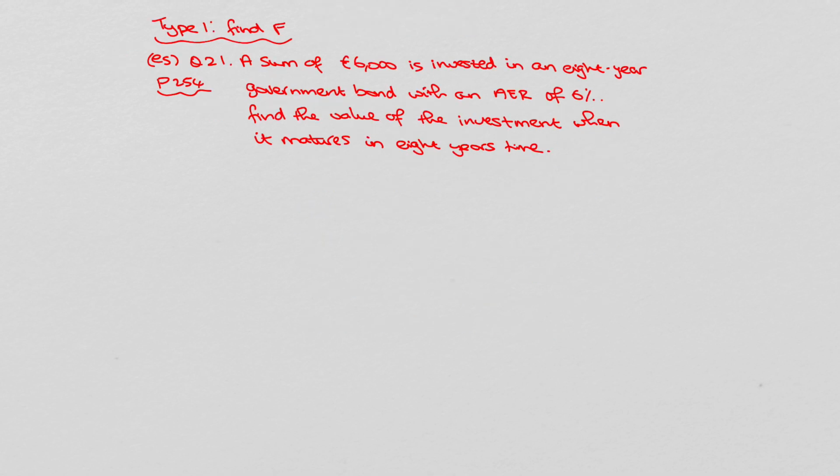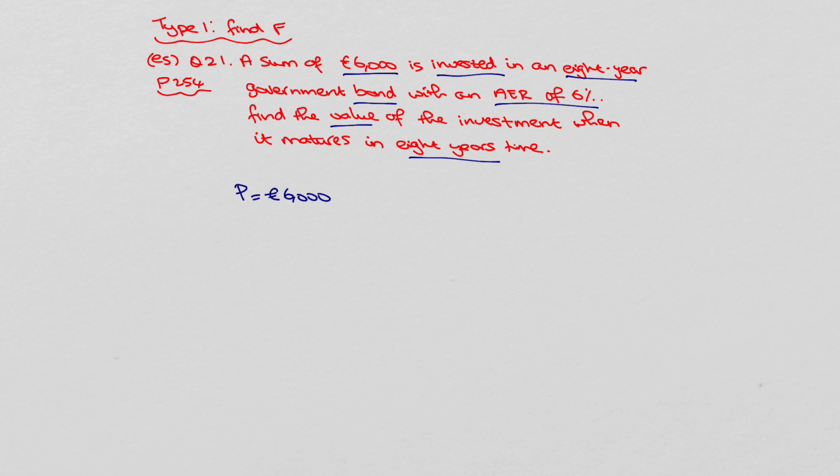So if we go to page 254 and we look at question 21, we're given a sum of money, €6,000, is invested in an 8-year bond with an AER of 6%, and we have to find the value of the investment when it matures in 8 years' time. So again, we start by writing down, well, what's the amount? So our investment is 6,000.